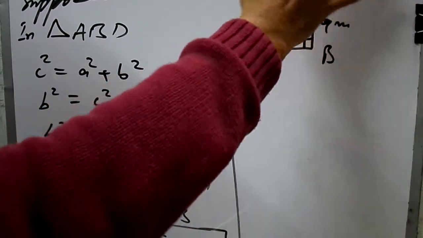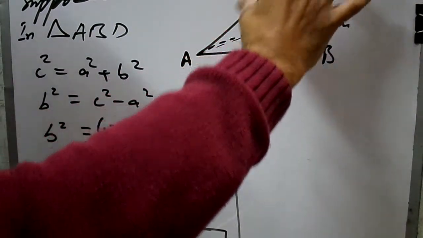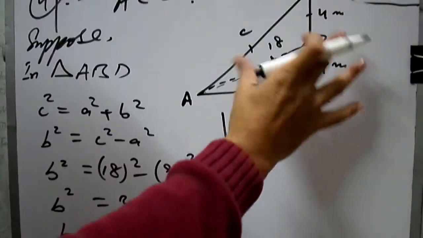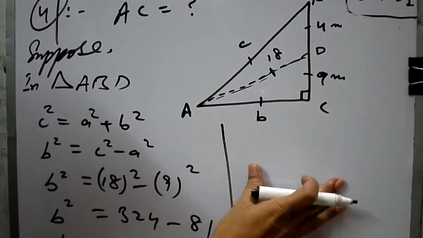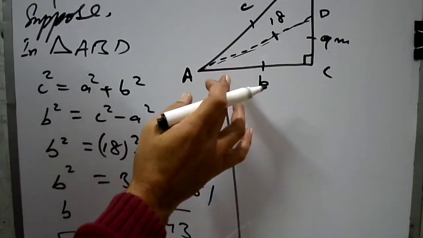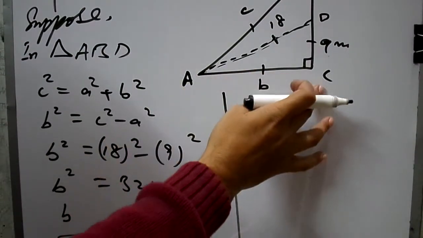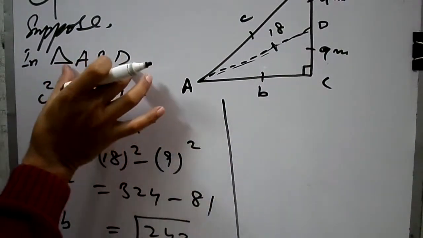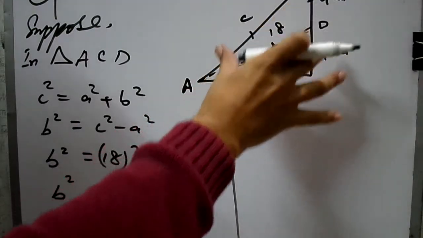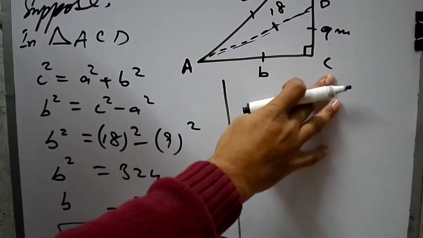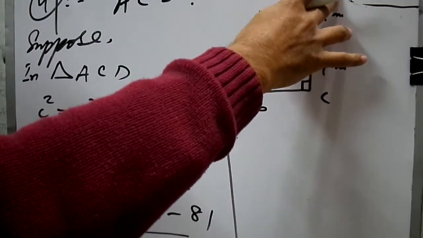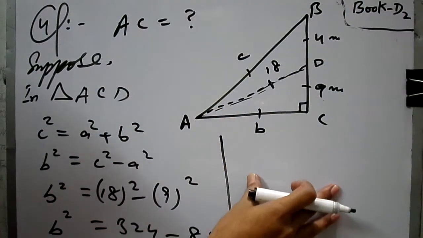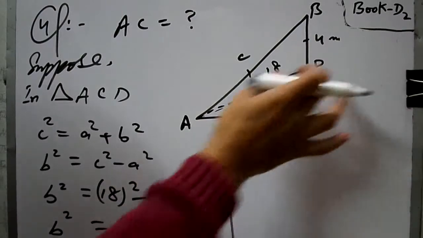You can see here the numbering is just like this, A, B and C. In this triangle A, C, D, we are often using this side as A, this side as C, and this corner or vertex as B. That's why we have taken this triangle in sequence.